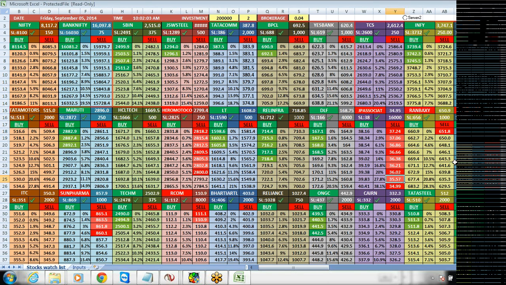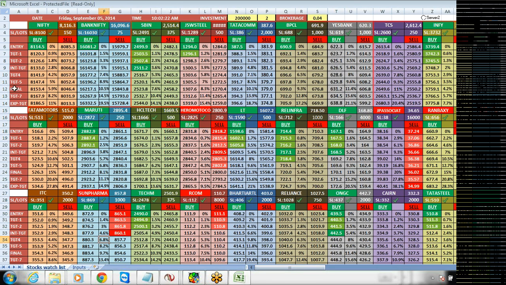So we have a sell call in Ranbaxy, Cipla, Sun Pharma. I think Dr. Reddy also should be there. So SBI has made its intermediate target. So you can just see that here. This is the intermediate target level.